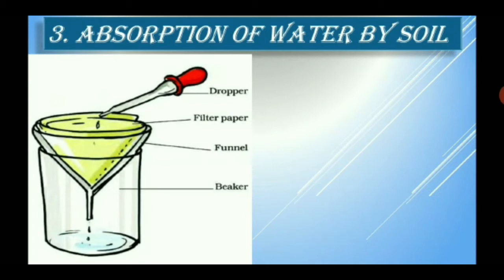We have to arrange all the things as shown in this picture. We have to take approximately 50 gram of soil here, and then with the help of a dropper we have to pour water on it, until the dripping stops.